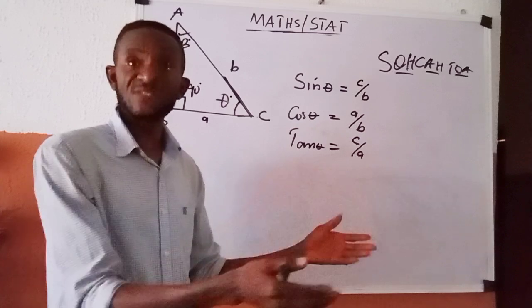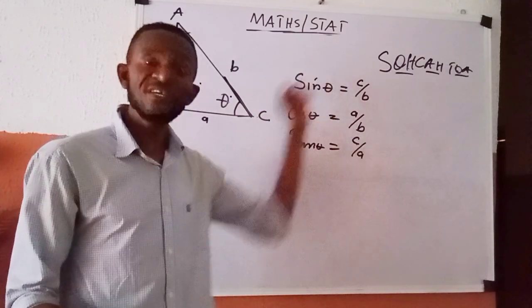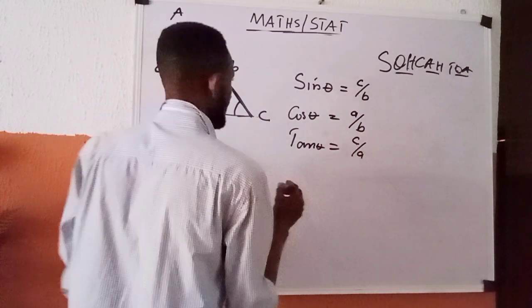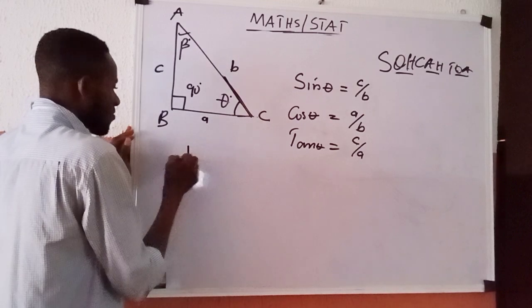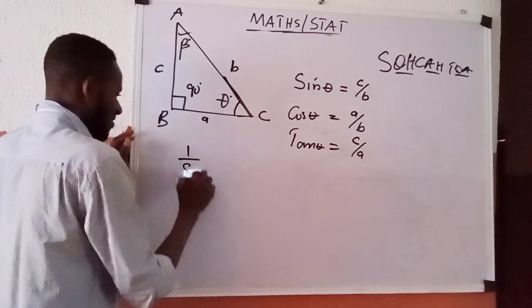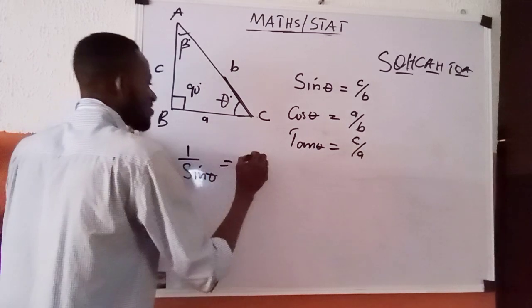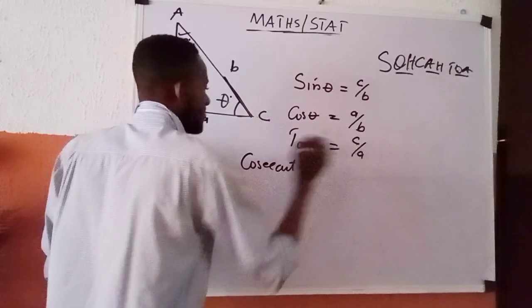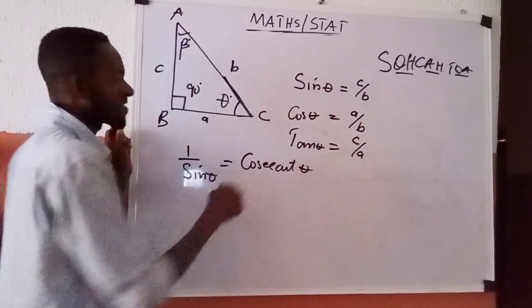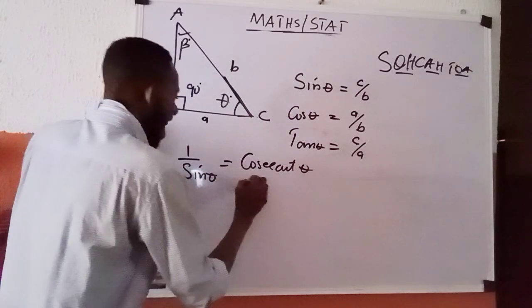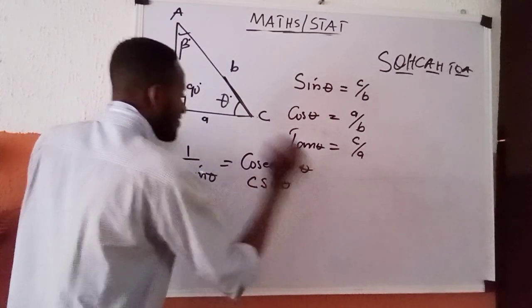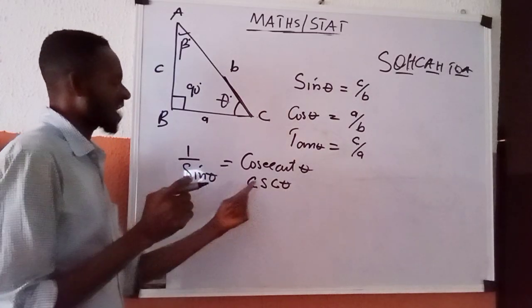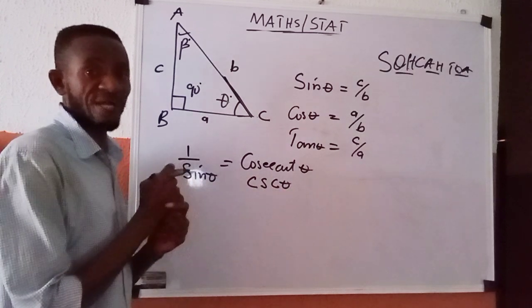We are told that 1 over sine theta is given as cosec or cosecant theta, often written in a short form as CSC of theta.